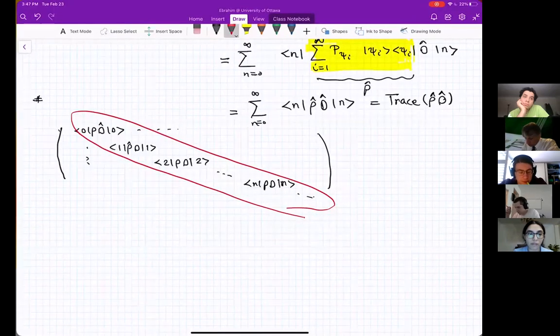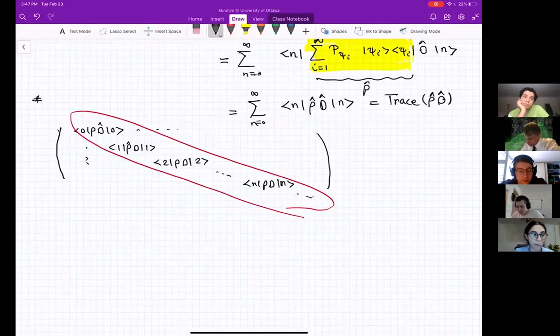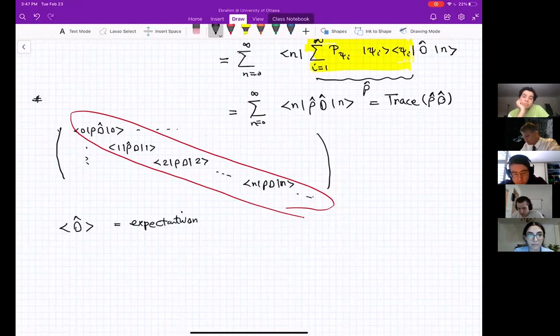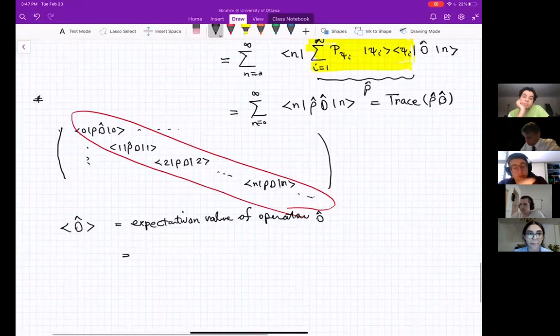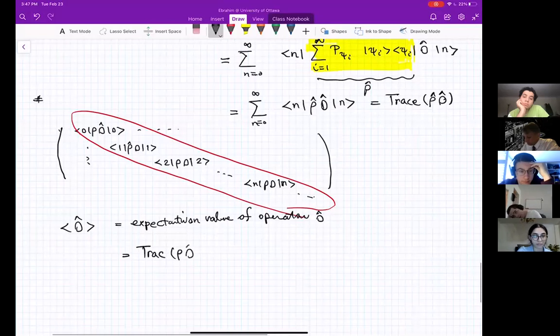So now in the quantum mechanical language, we prefer to look for an operator O, and this is the expectation value of operator O. And the only thing that we need to do is look at the trace of ρO. Good. That's all.